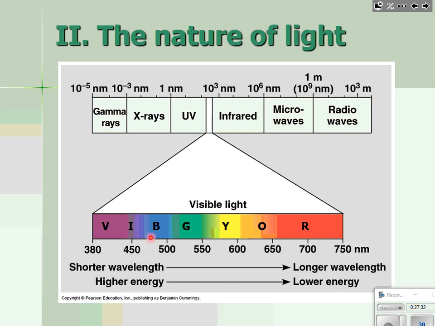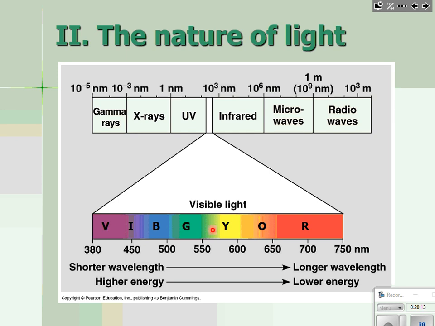If you've ever learned these colors before, you've probably learned them in reverse order so that it spells out a name. Roy G. Biv is an easy way to remember the colors of the visible spectrum. Notice that there are some slight differences in terms of not only wavelength, but also energy. So the further you go toward the violet end of the spectrum, that color of light actually has slightly higher energy than, say, red light, which is over on the right-hand side.